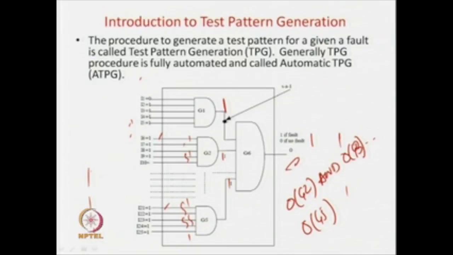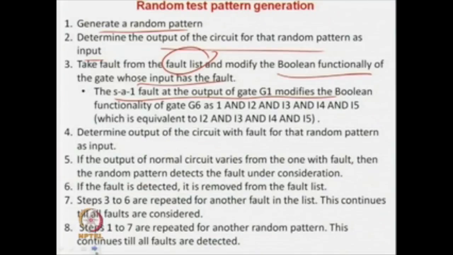Because this is stuck at 1, this gate input has no effect. So the Boolean function will be modified as O of G2 and O of G3 and O of G4 and O of G5, because it is already stuck at 1. So this has no controlling effect on the AND gate. So the 1 that is already there is removed, and the Boolean function is modified.